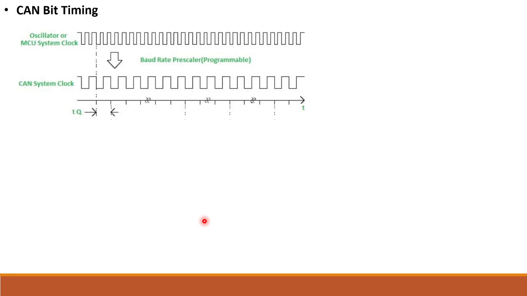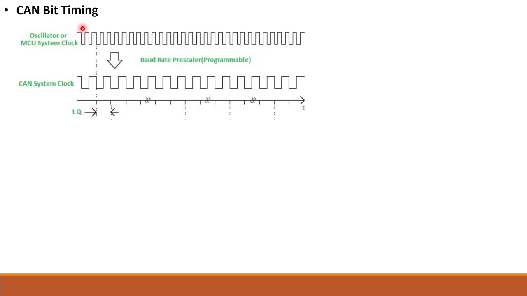First one here is the MCU system clock, nothing but the microcontroller system clock or external oscillator. This is the external frequency we give to the microcontroller, and this is the CAN system clock. This frequency we are giving to the CAN controller.